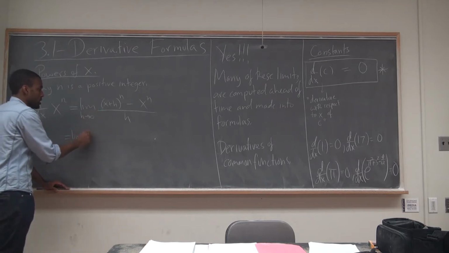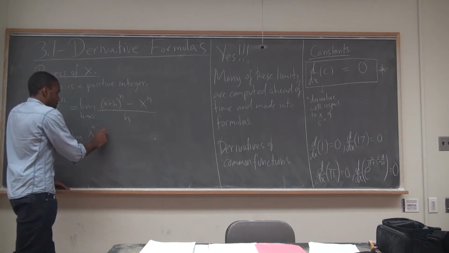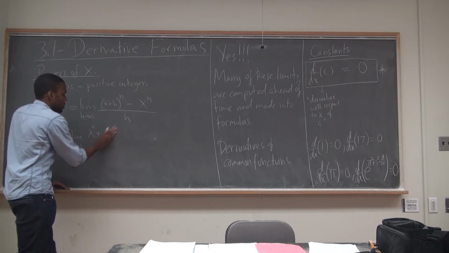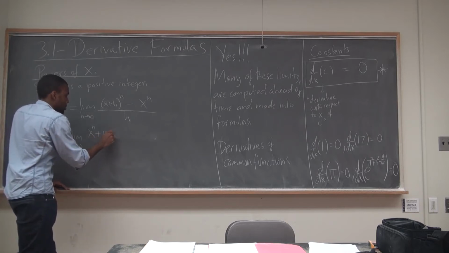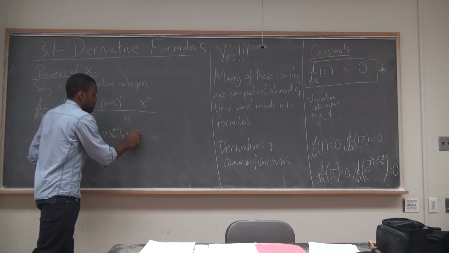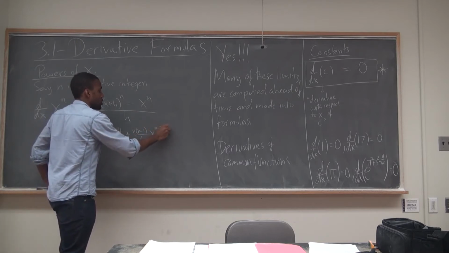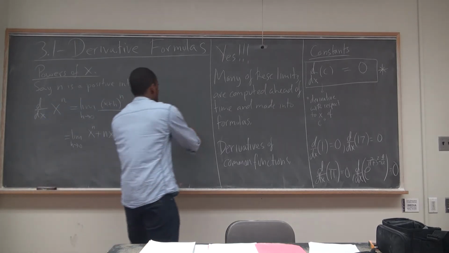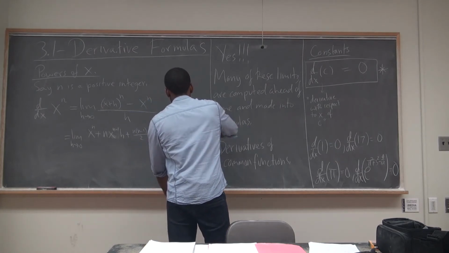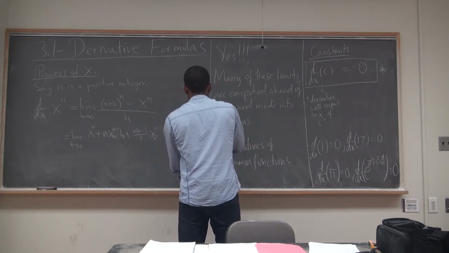And so you'd expand this, you get x to the n plus n x to the n minus 1 times h, plus n times n minus 1 over 2, x to the n minus 2 times h squared, and so on, until you end up with h to the n, minus x to the n.